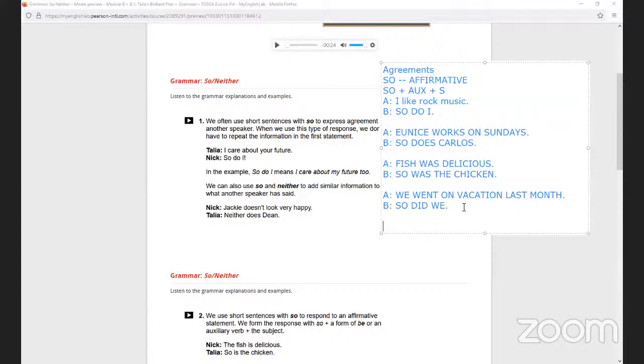Yes, teacher. Perfect. Now, we have the other one, that is neither. Neither we're going to use with negative statements. The structure for these negatives is going to be the same as so. So it's going to be neither plus auxiliary plus the subject, but only for negative statements.